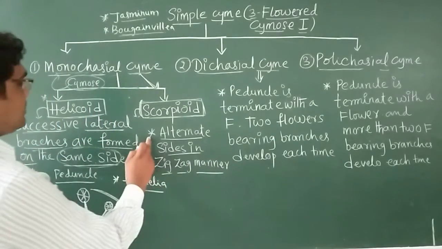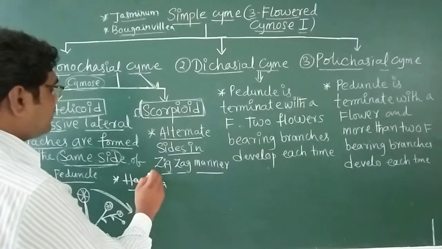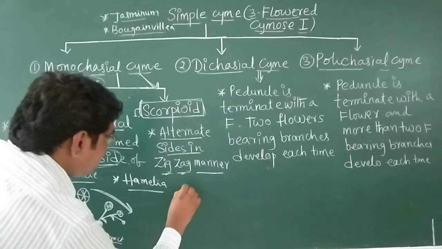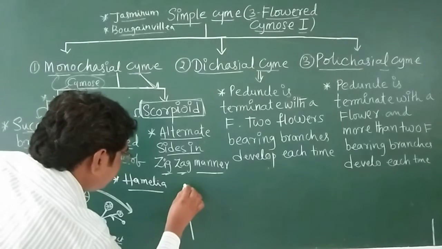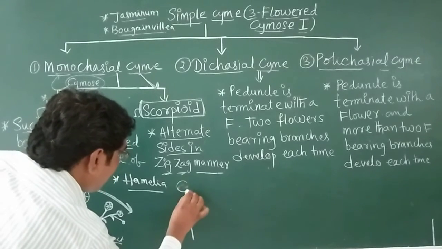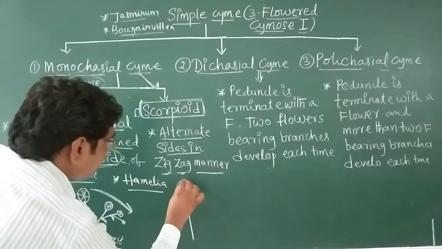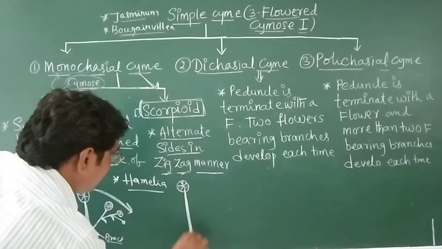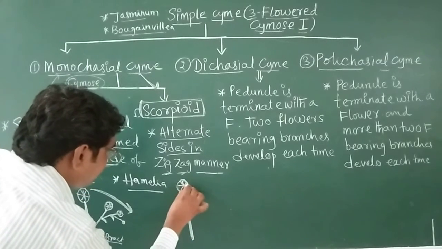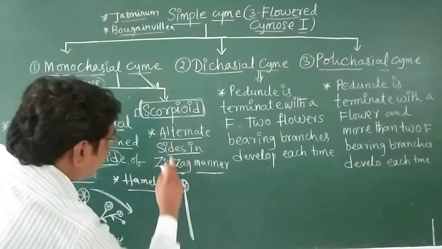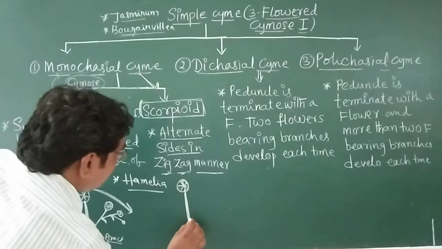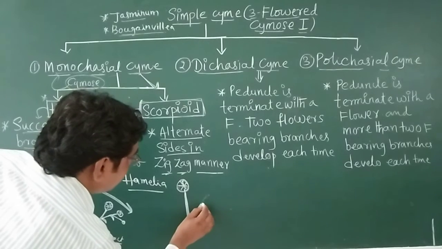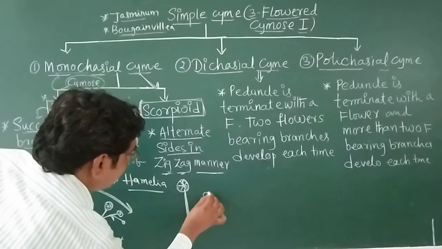So successive lateral branches are formed on alternate sides in a zigzag manner means, this is the peduncle, the main axis. This peduncle terminates with a flower. Again the lateral flower-bearing branches are formed in this pattern.